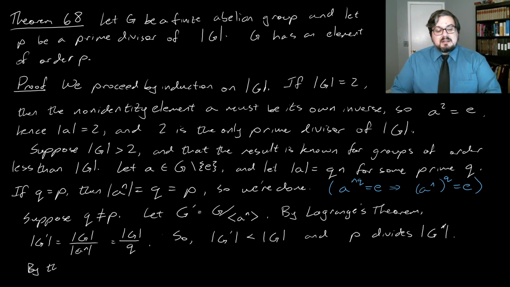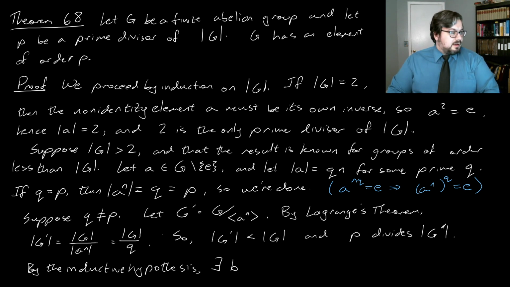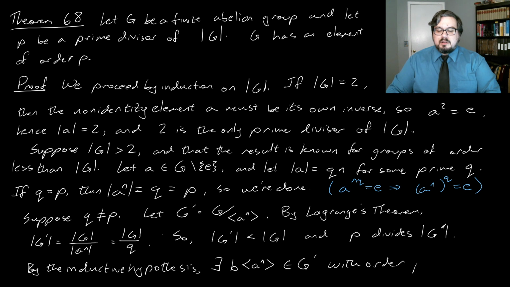By the inductive hypothesis, there exists some element B times the cyclic group generated by A to the n in G prime with order p. Here we're using the inductive hypothesis, which says that if I take any group with order less than the order of G, then the theorem statement applies.